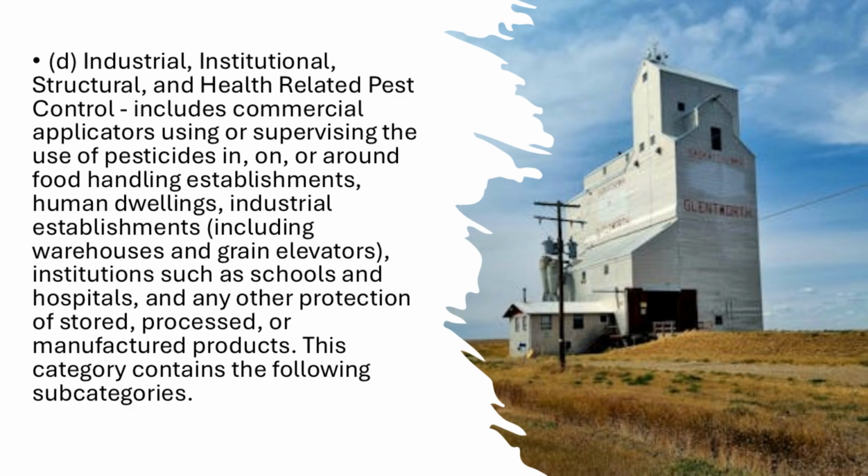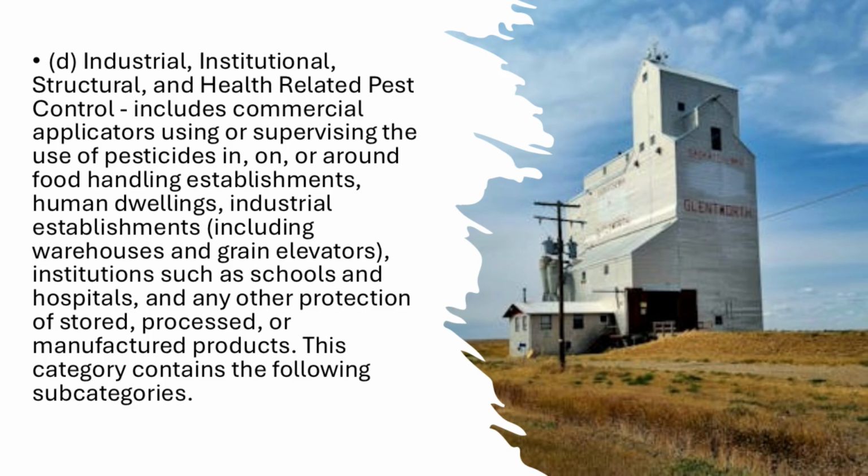D. Industrial, institutional, structural, and health-related pest control. This includes commercial applicators using or supervising the use of pesticides in, on, or around food handling establishments, human dwellings, industrial establishments, including warehouses and grain elevators, institutions such as schools and hospitals, and any other protection of stored, processed, or manufactured products.